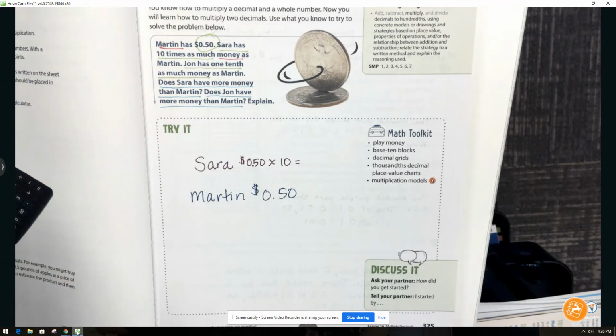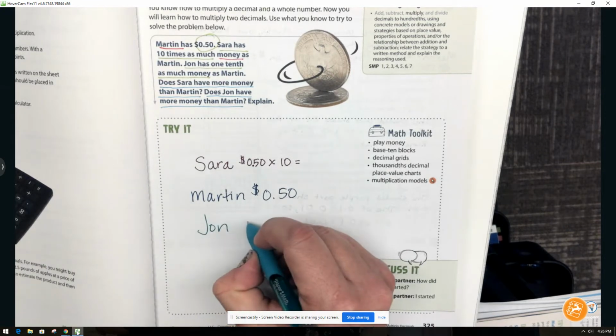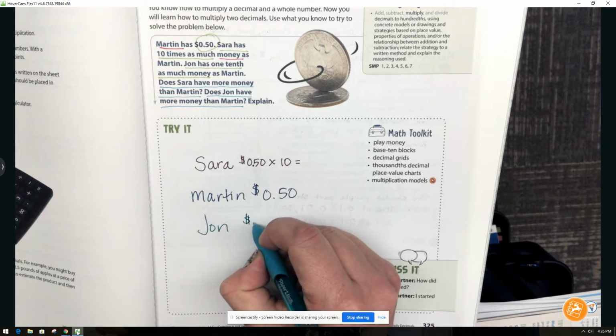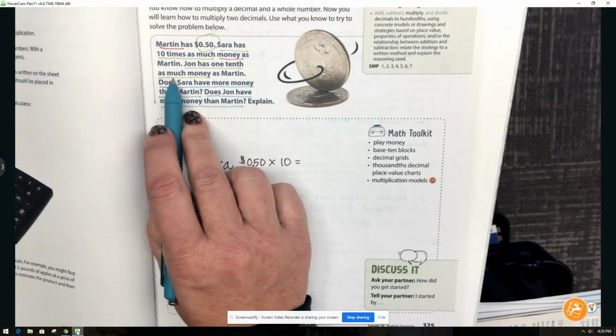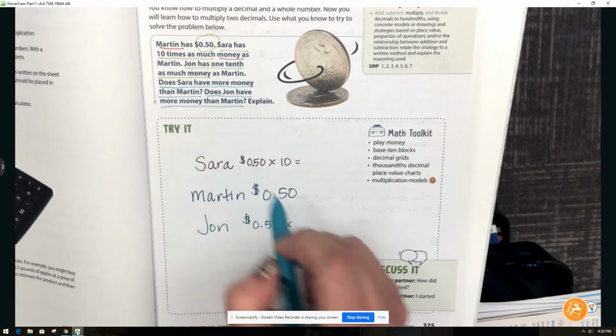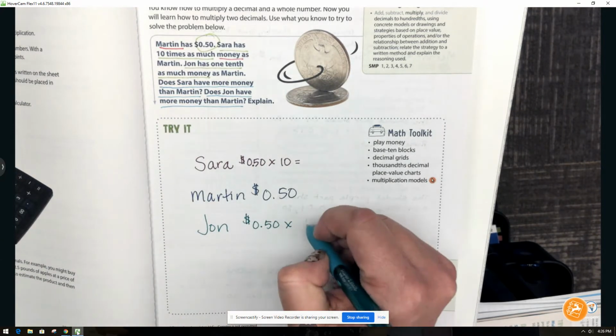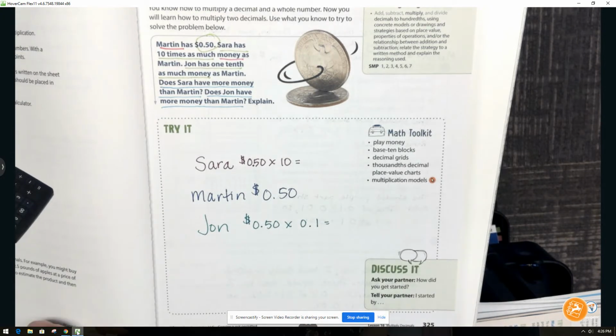And then John has 1/10 as much money as Martin. So 50 times 1/10 is how much money John has.